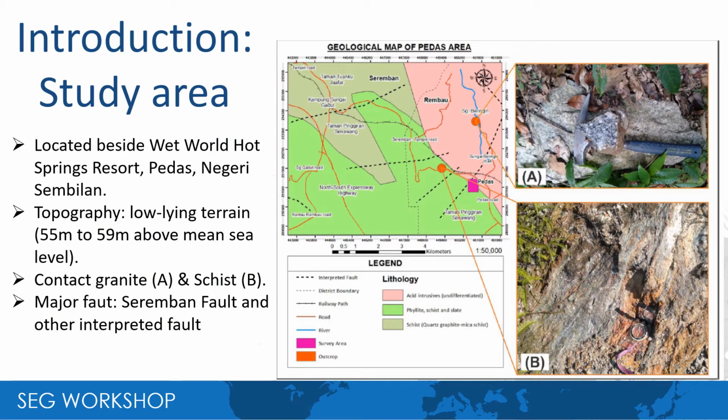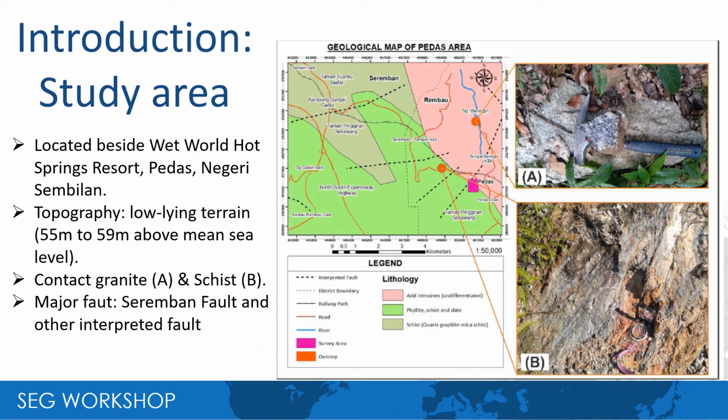Alright, regarding the introduction of the study area, the Pedas hot spring area consists of granite and schist, and at this site we can see the contact of these two rocks. Basically the main fault here should be Seremban.